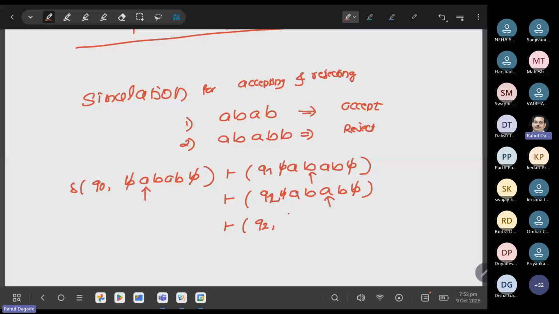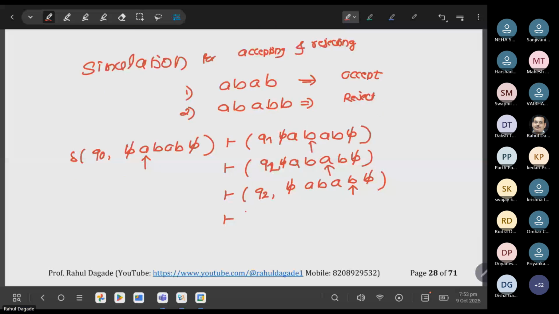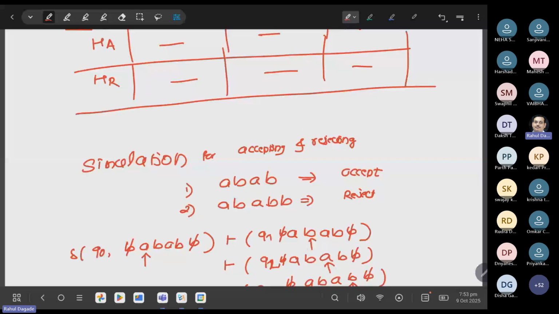And what is Q2 doing for B? It is going to Q3 state. So Q3 state blank, A, B, A, B blank. And Q3 state, what it is doing for blank? Q3 state for blank, it is going to the halt accept. It is going to the HA blank, A, B, A, B blank, and no movement here.